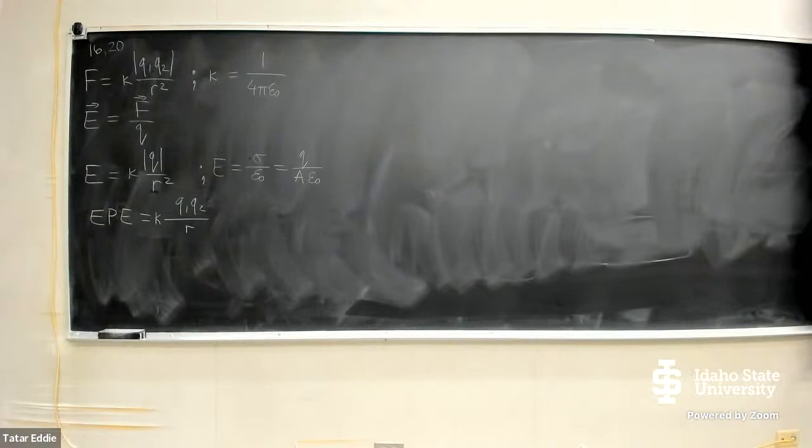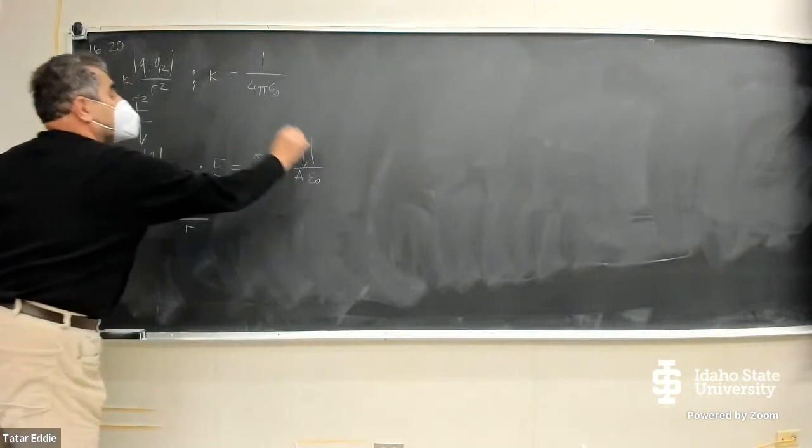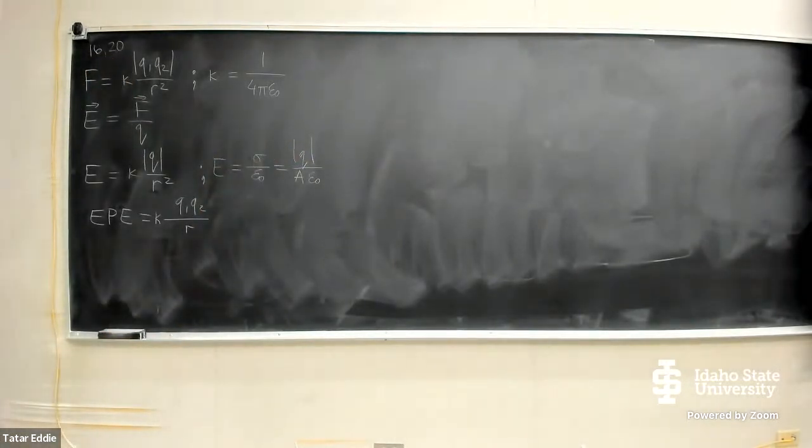Unlike previous formulas, well, even here you probably have to put an absolute value sign, but in the electric potential energy formula, the charges Q1 and Q2 enter together with their algebraic sign, positive or negative.